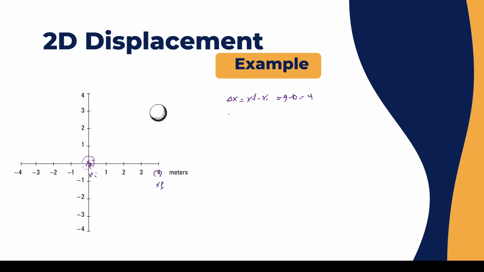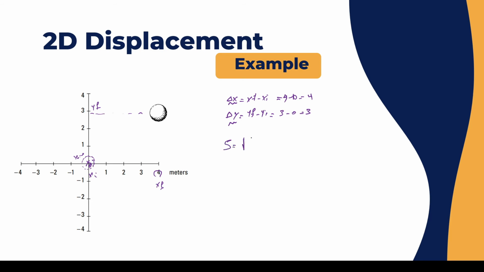And for delta y, the motion of the ball on the y-axis, the ball started from here. So y initial, or y0, equals 0, and the y final equals 3. In this case, y final minus y initial gives you 3 minus 0 equals 3. So now we know our delta x and we know our delta y. What's S in this case?